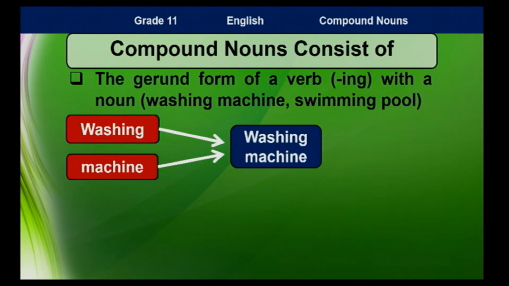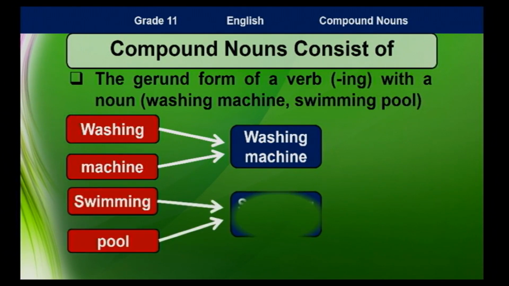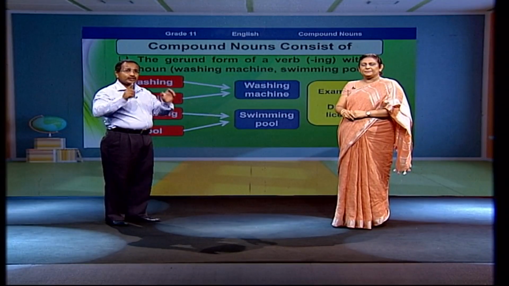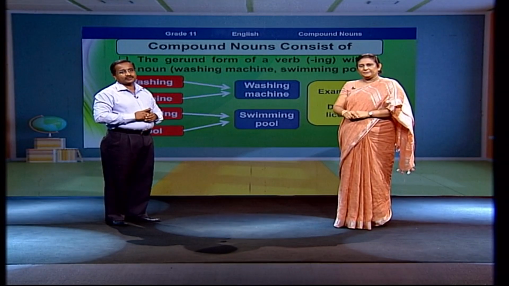Washing machine stand as two separate words. Swimming pool. Swimming pool also stand as two separate words, and this example too. Driving license. Washing machine, swimming pool, driving license. They stand as two separate words when they are merged into make compound nouns.